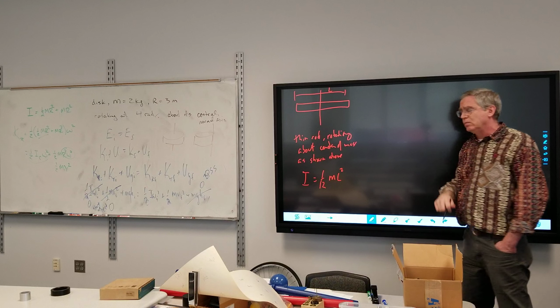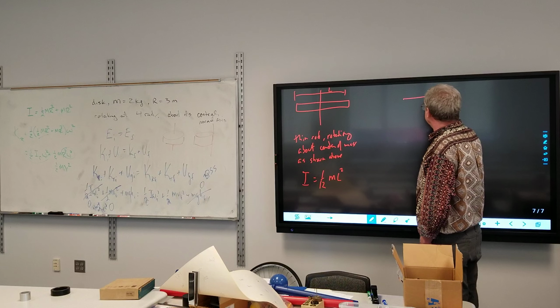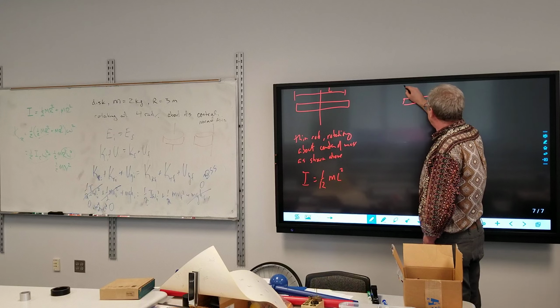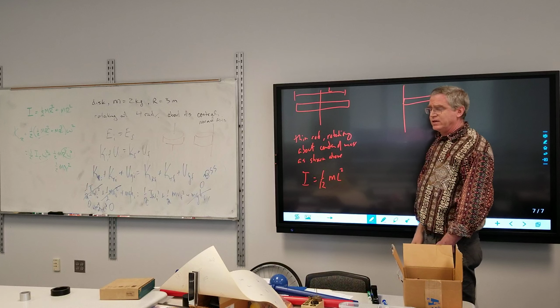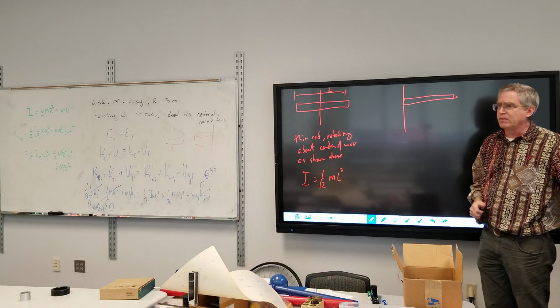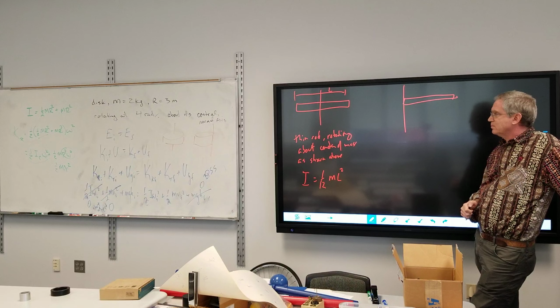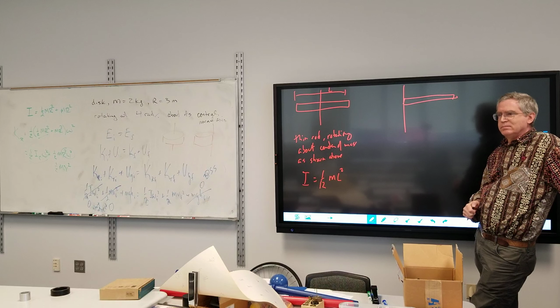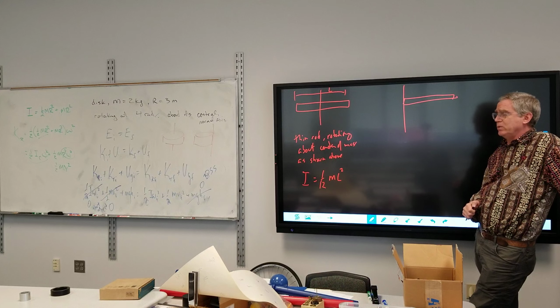I would like you to tell me what is the moment of inertia of that same rod rotating about its end, using the parallel axis theorem. I would recommend doing it on paper, but if you want to do it in your heads, some people can do it.